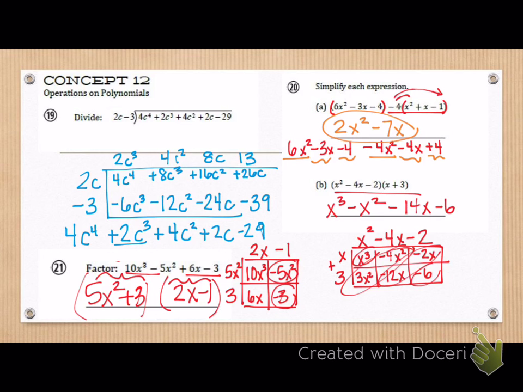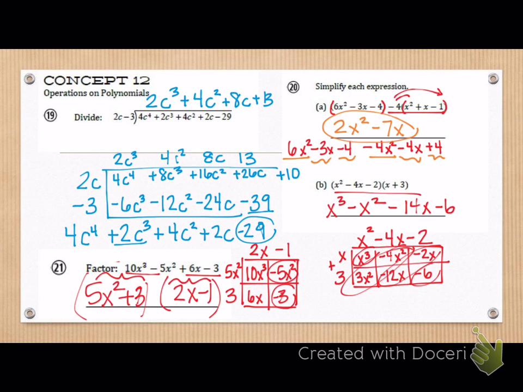And so I'm going to have a remainder. I need it to be negative 29, but I have too many. I have negative 39, so I'm going to add a 10 to that, and that will work. So the answer is all of this stuff up here.